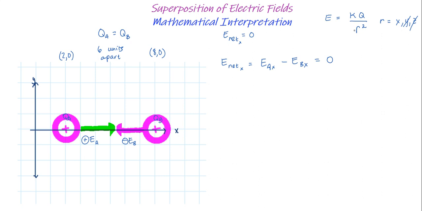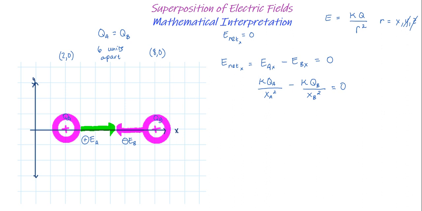So I could make R just x in this case. I'm going to substitute in this expression for EA and EB appropriately: K times QA over x sub A squared, minus K times QB over x sub B squared, and that's going to equal 0.